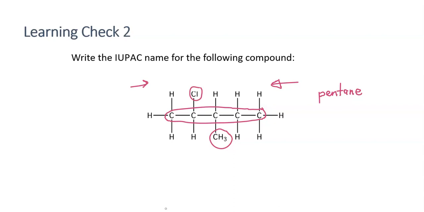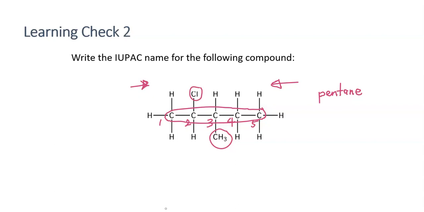Now in this case, if I start from the left hand side, this side is much closer to the carbon containing the chlorine group. So I will start from that end. 1, 2, 3, 4, 5.